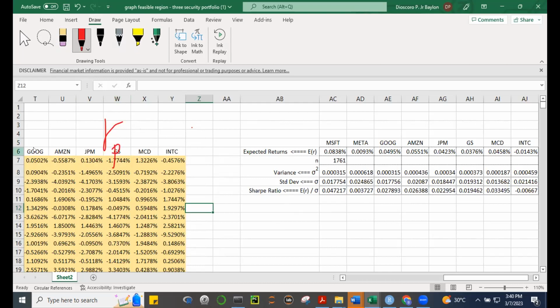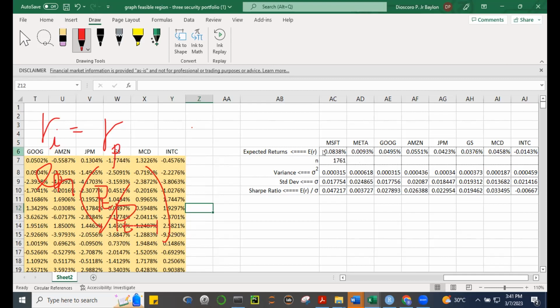We already know how to compute the return of our assets, R sub i, which is just equal to ln, the log in Excel, of the price at time t over the price at time t minus 1. We were able to get the individual returns per daily period.